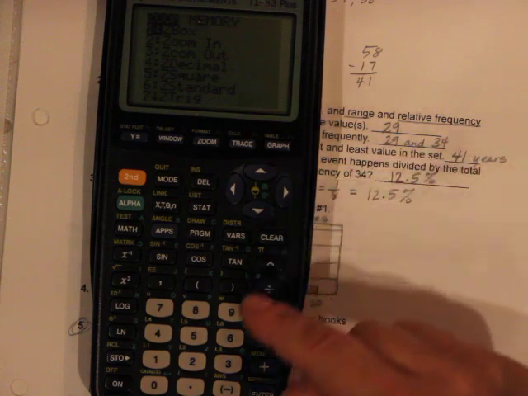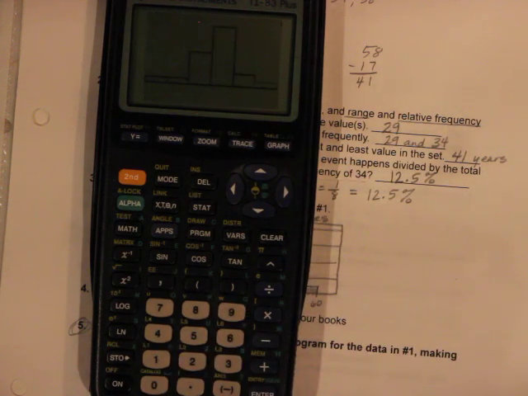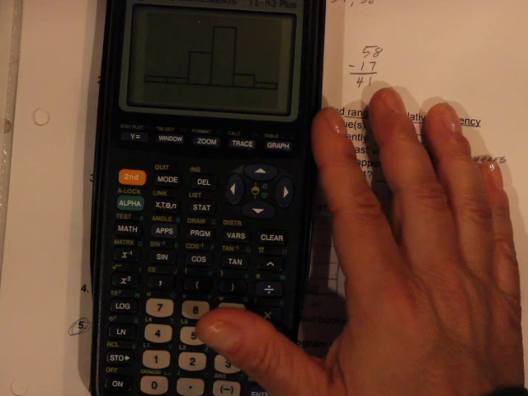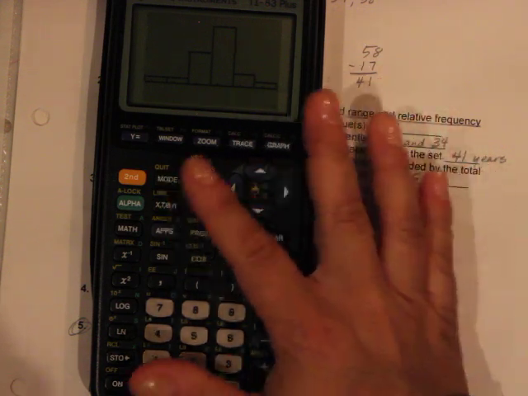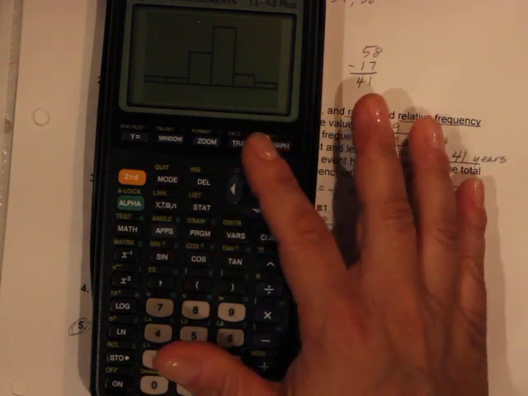If I go to zoom now and I hit number 9 to put that in a standard viewing window, then I've got my histogram. Now the trace functions, we learned these things in our lab where we learned how to trace.